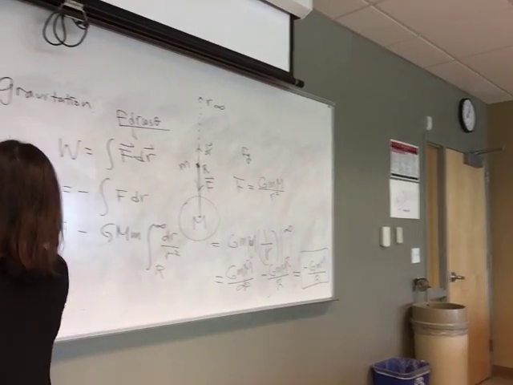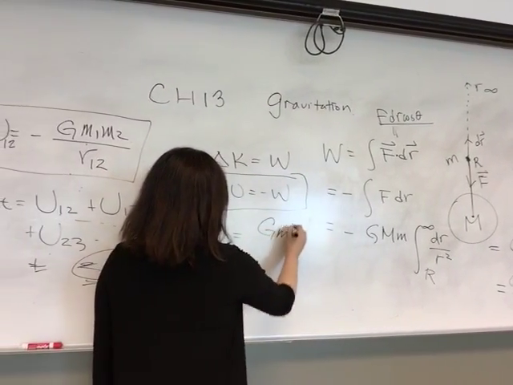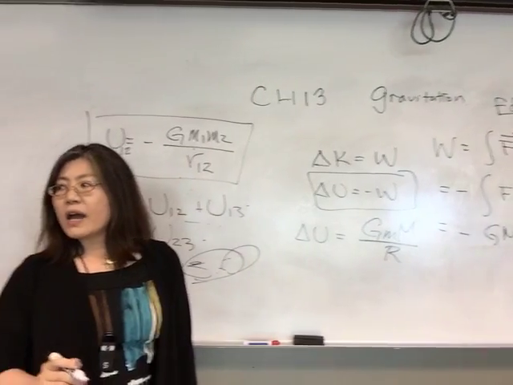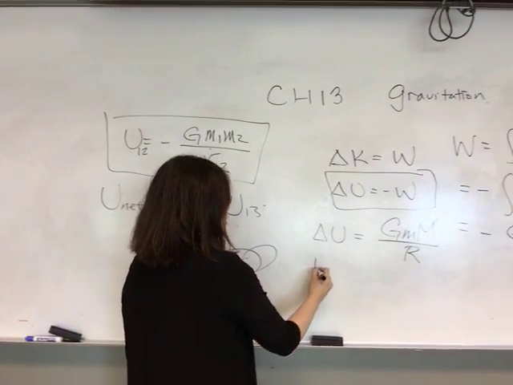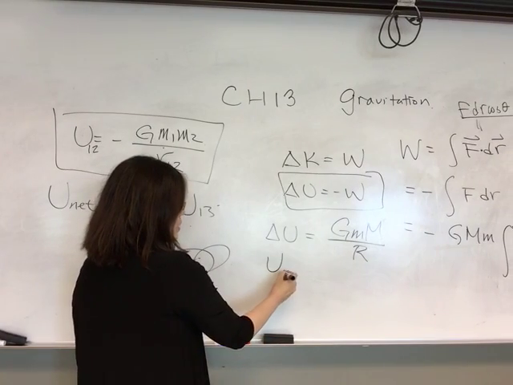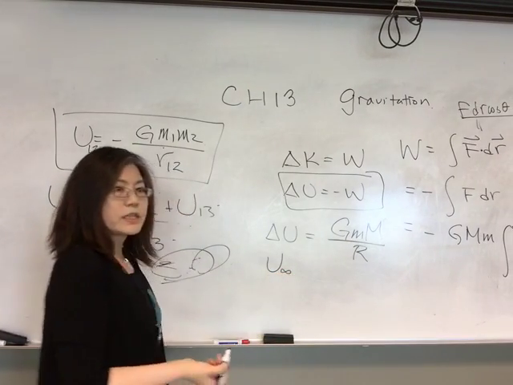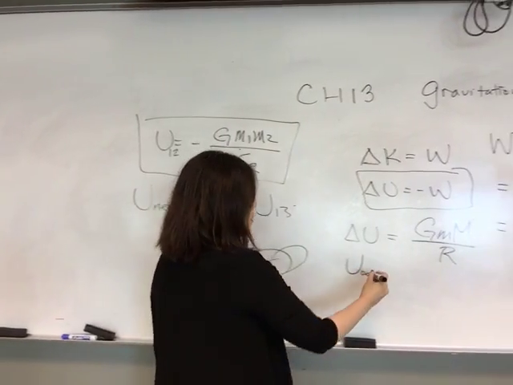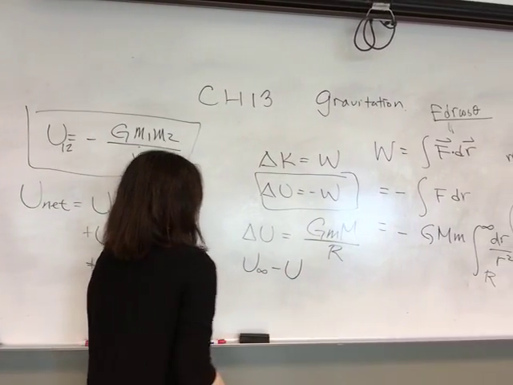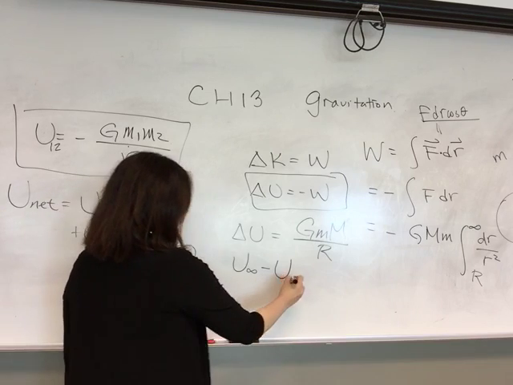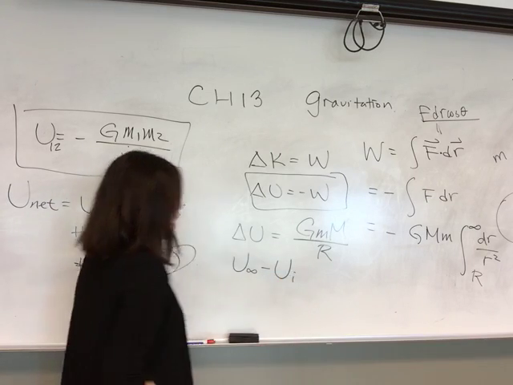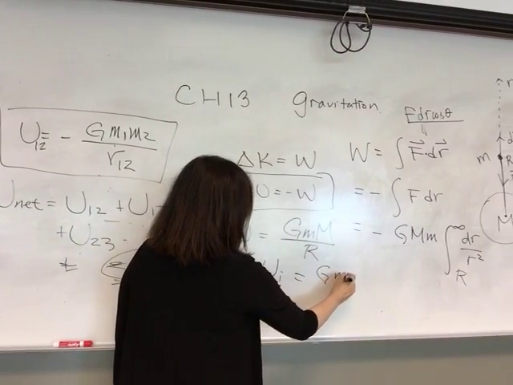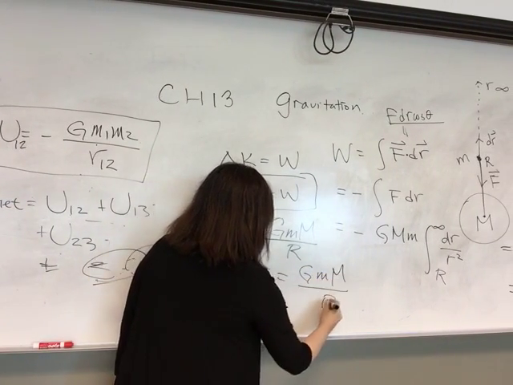So you have your G, M, N over R. Delta U is defined as the final gravitational potential energy at infinity, because infinity is our final position, minus the gravitational potential energy at the initial position, right? And that's equal to G, M, N over R.